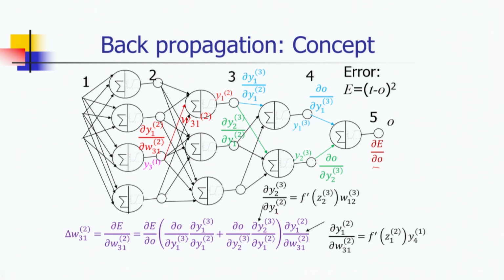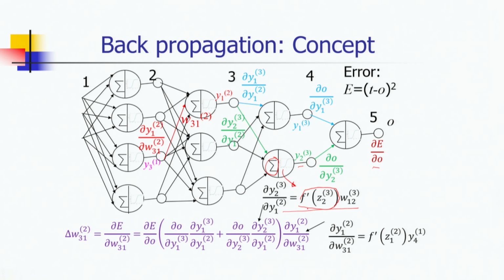You can also see how individual derivatives, for example delta Y23 with respect to delta Y12, are obtained. There is a nonlinearity, so first you get the derivative of the nonlinear function, and then, because this is a weighted sum, you get the derivative with respect to that.